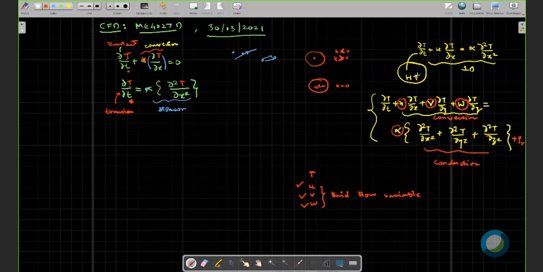So that will be our next target, to see how we can model and solve the fluid flow problem, so that you can get the velocity UVW.